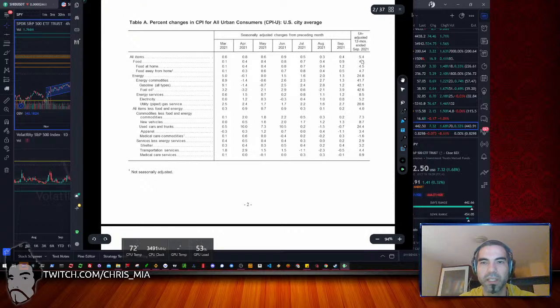This is month to month, but overall, a 5% food increase. Energy, 25% increase. Gasoline specifically, fuel oil, electricity, not so bad. Not so bad on the electricity, but definitely big gasoline and fuel inflation.